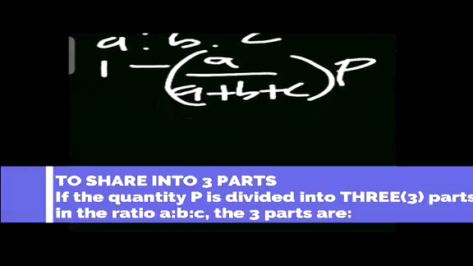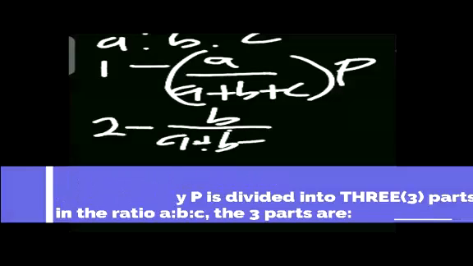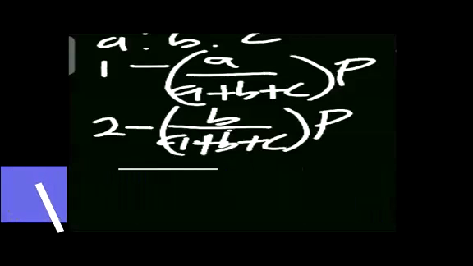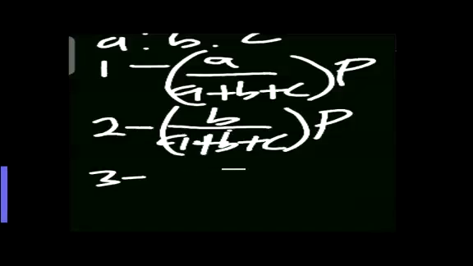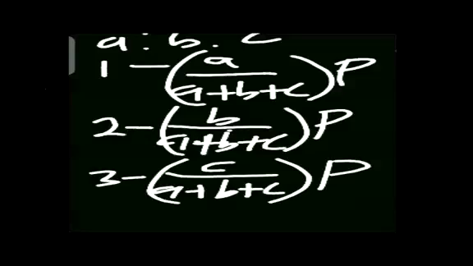The second part we have B, that is the ratio of the second part, over the total number of the ratio multiplied by P. P is what they are sharing. And the third part is C over the total number of the ratio multiplied by whatever they are sharing. So if they are going to share into 3 parts, that's the order by which they will be sharing.